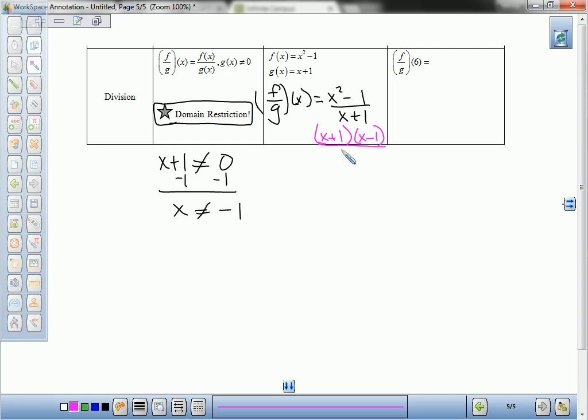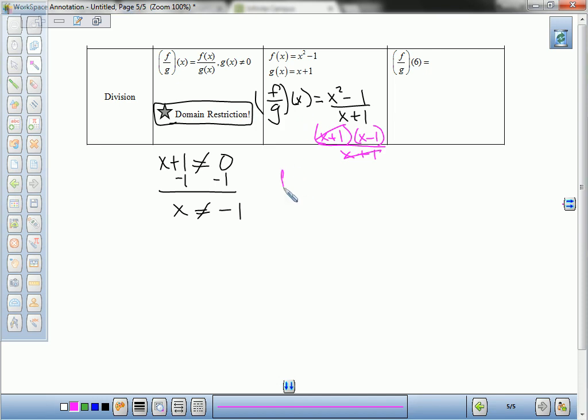Can we just leave it how it is and plug in 6? Okay? Why is that interesting? What do you notice about the numerator and denominator? They have a common factor. X plus 1 is a common factor. And when we have a fraction with a common factor, we can cancel.